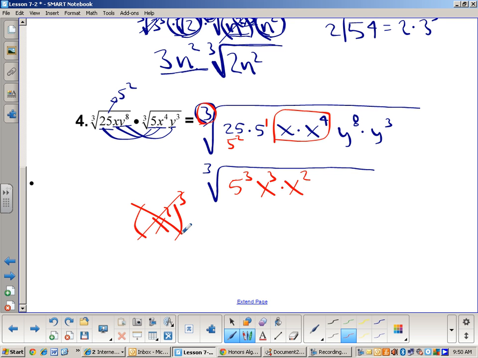So let's move on to the y. How many are there altogether? 11. So if I break them up into 3s, how many do I get in here? 3, right? 3 times 3 is 9, leaving me with 2 more left out there, correct?